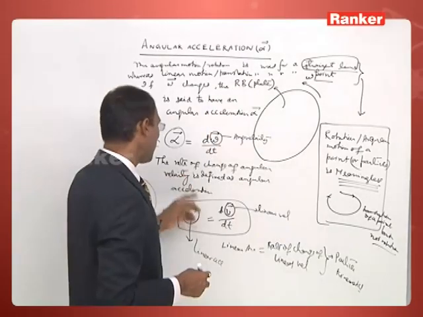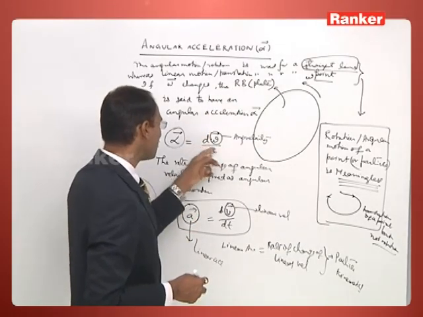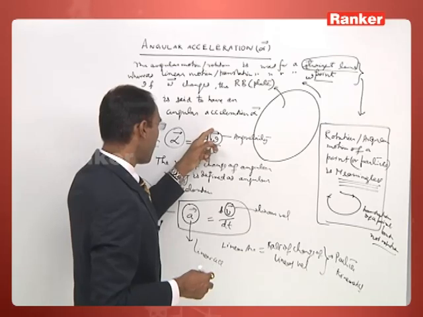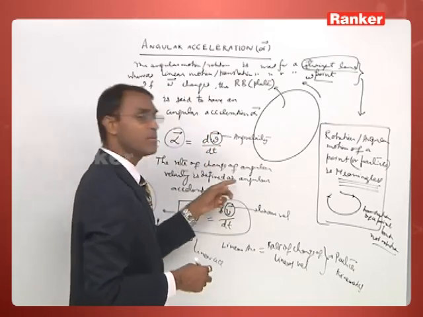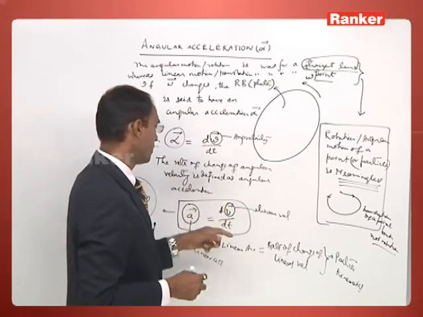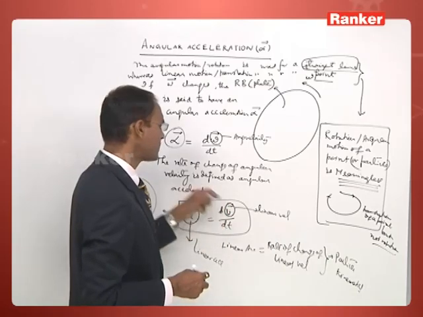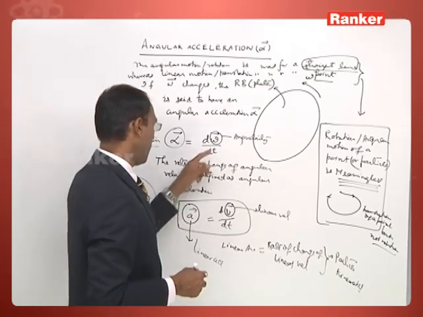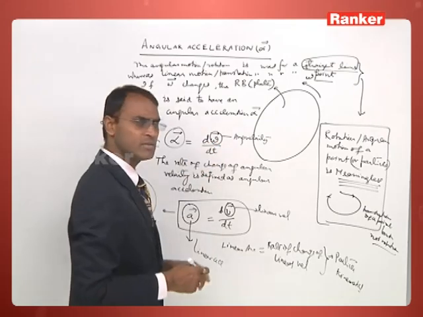Similarly, we can have the change of the angular velocity just like the change of linear velocity. Linear velocity has both magnitude and direction. Angular velocity also has magnitude and direction.